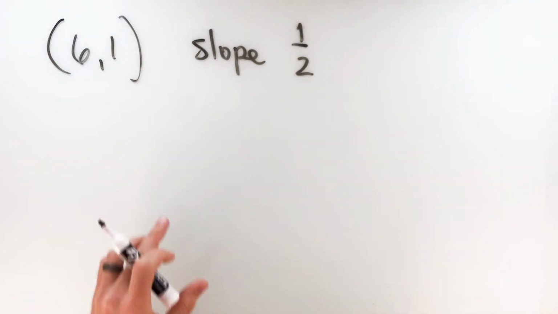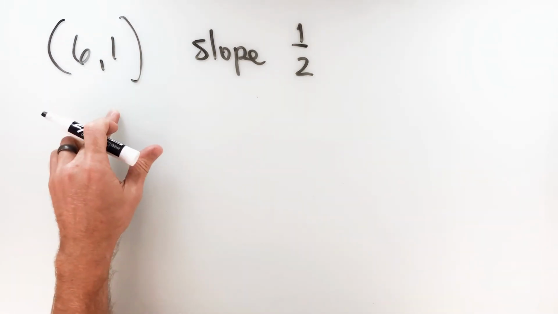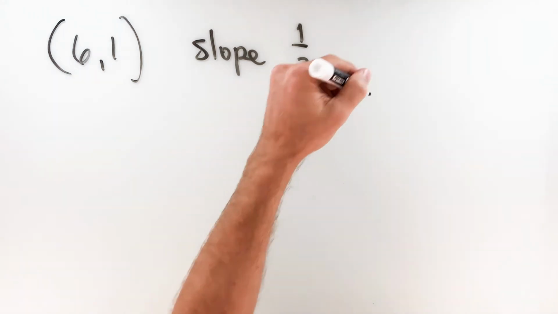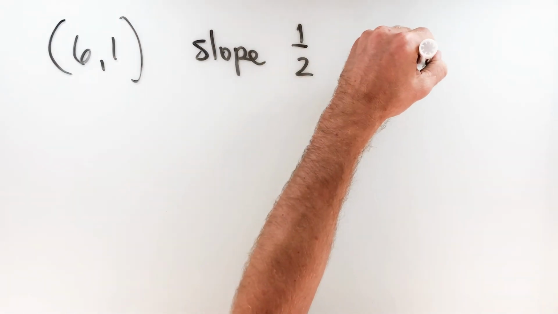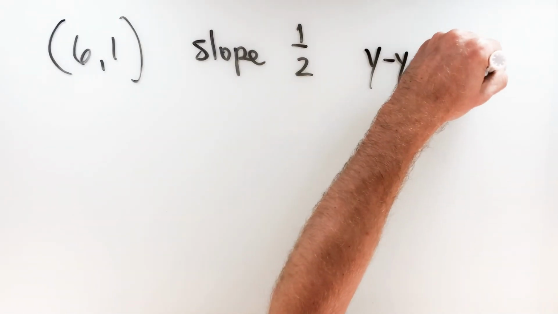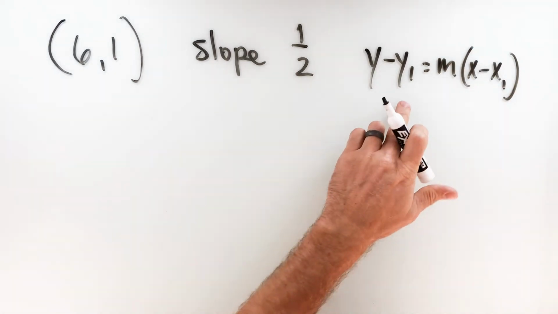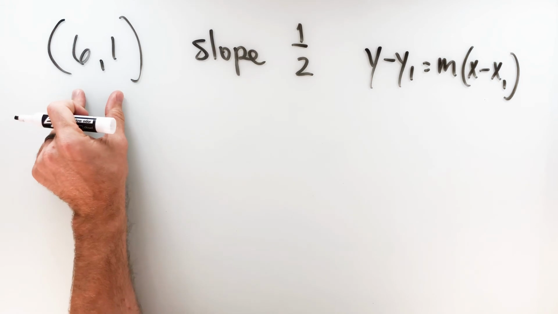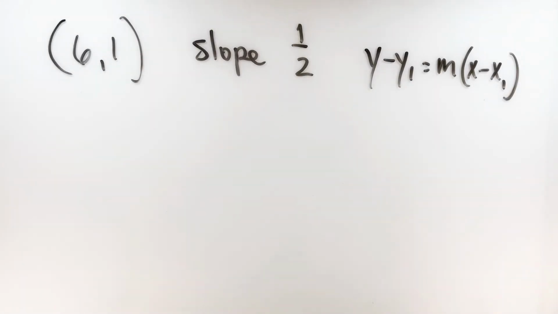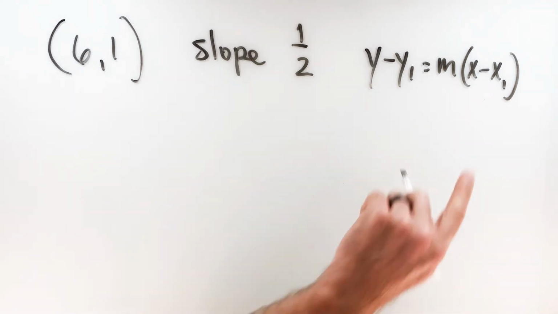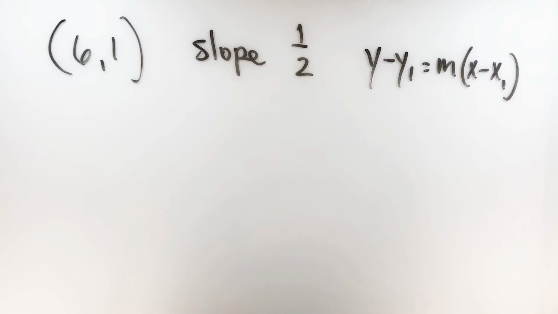And the best way to write the equation of a line if I'm given a point and a slope is point slope form. So again, point slope form: y minus y1 equals m times x minus x1, where x1 and y1 are the coordinates of the point, and m is the slope that we're given. If you haven't done a video, you can find that right up there to review point slope form.